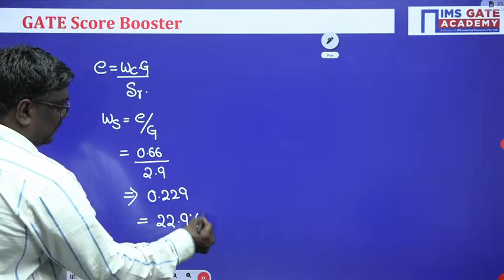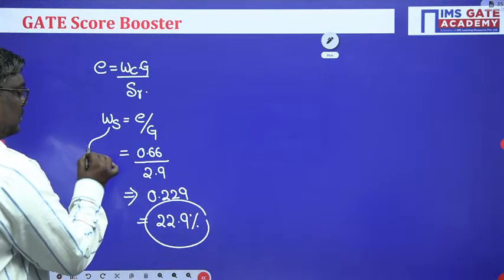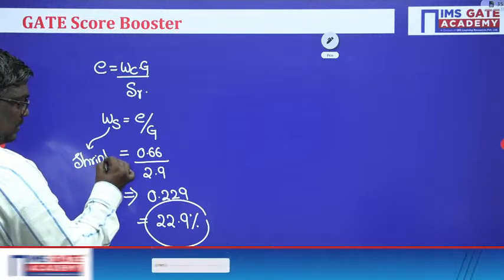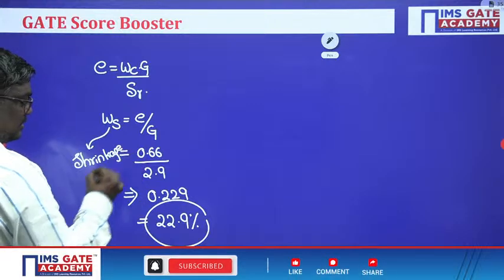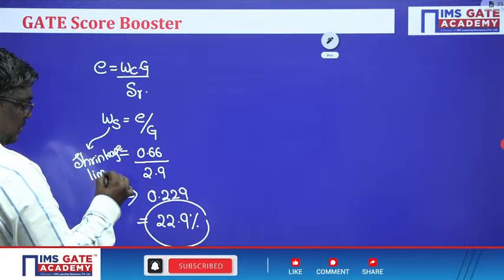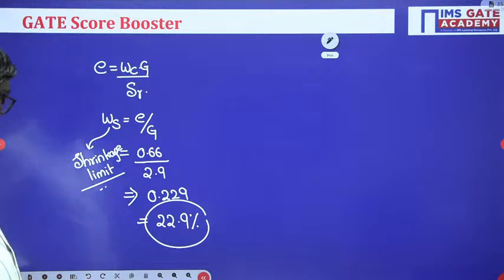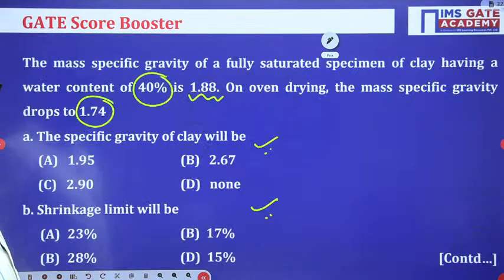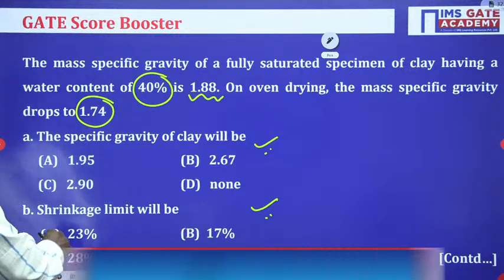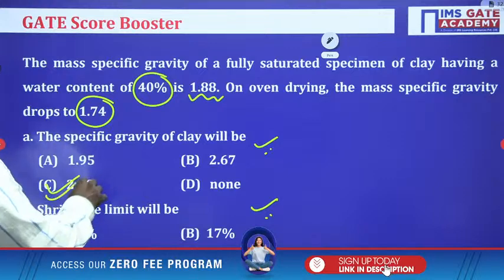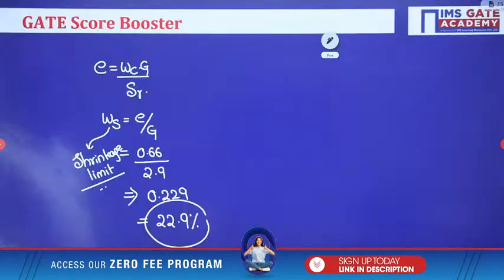So this will be your WS, the shrinkage limit. Agree, my dear students? So what is the shrinkage limit? 22.9 means 23%. Here what is the value of G? 2.9. So we have done this problem.